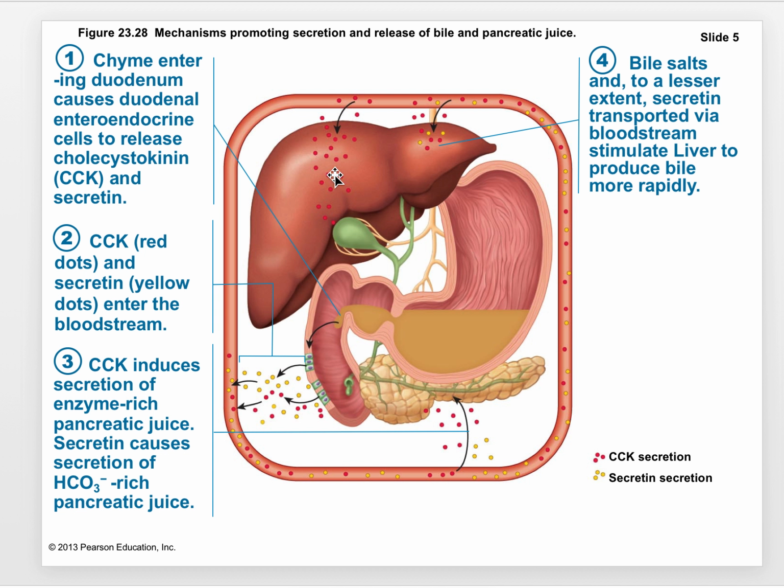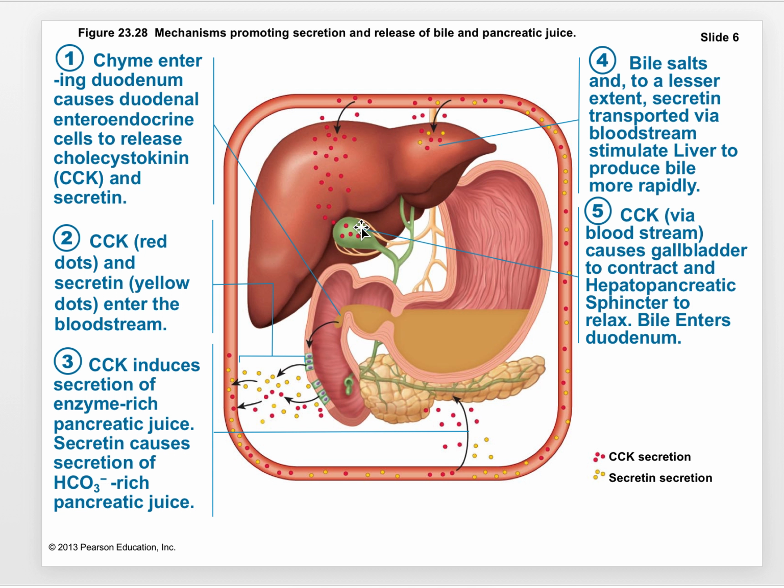Then once the secretin and cholecystokinin are released in the bloodstream, they stimulate the liver to produce bile more rapidly. The liver is stimulated by the hormones in the blood to produce bile, which is then released into the bile duct. Cholecystokinin then causes the gallbladder to contract and causes the hepatopancreatic sphincter to relax so that bile enters the duodenum.